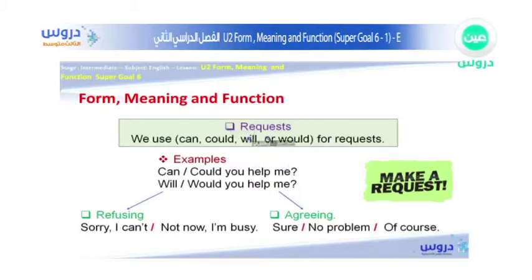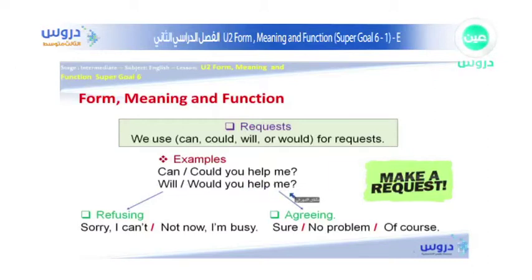At the beginning, we will start with the requests. We use can, could, will, or would for requests. For example, can you help me? Or could you help me? We can say, will you help me? Would you help me?